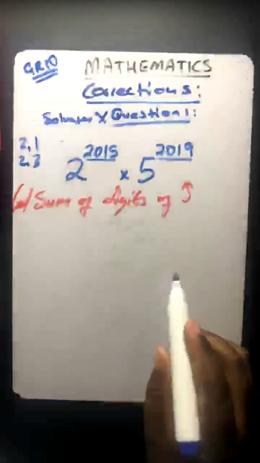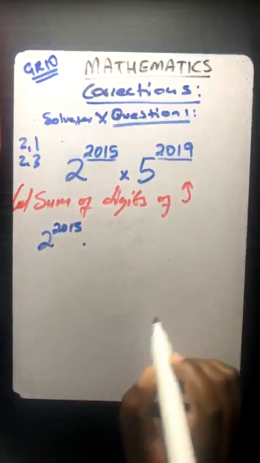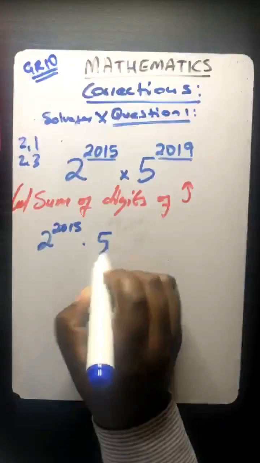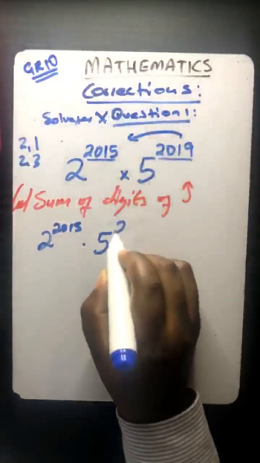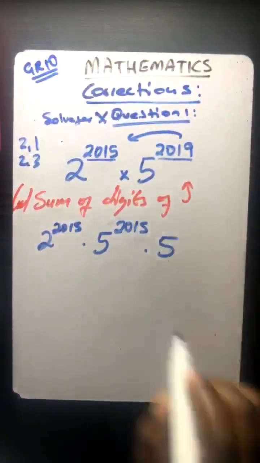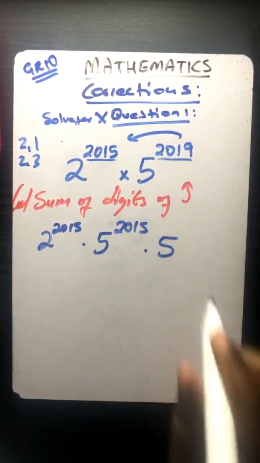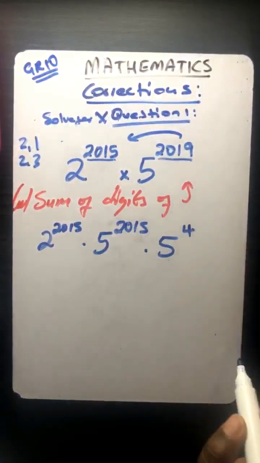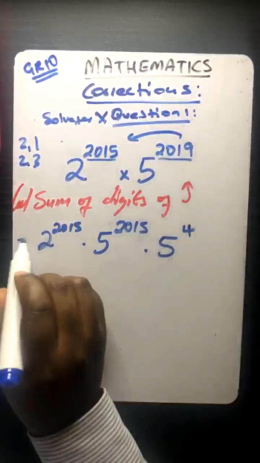What if you say 2 to the exponent 2015 multiplied by 5 to the exponent 2015? Can someone guess what I am going to have there? 5 to the power 4. Yes, because same bases, you add the exponents, it takes you back to that.